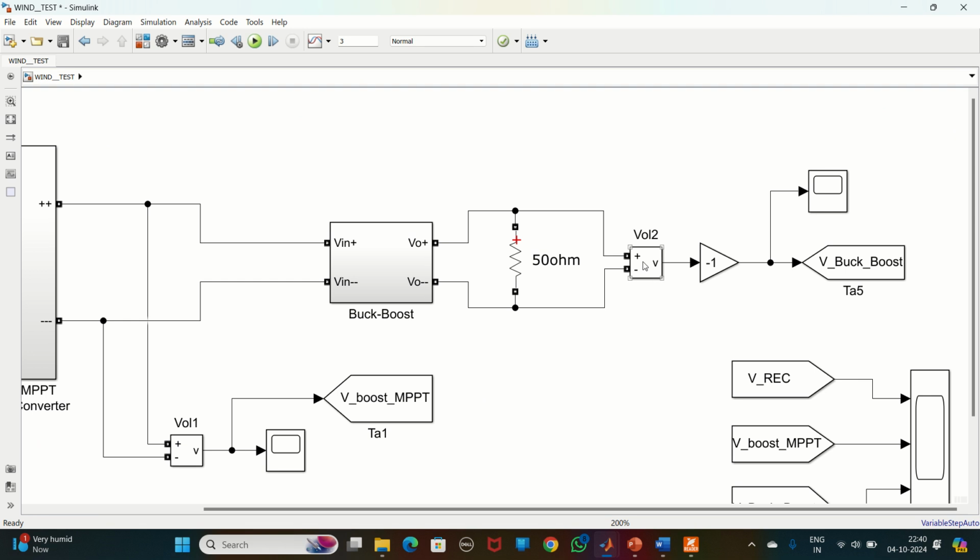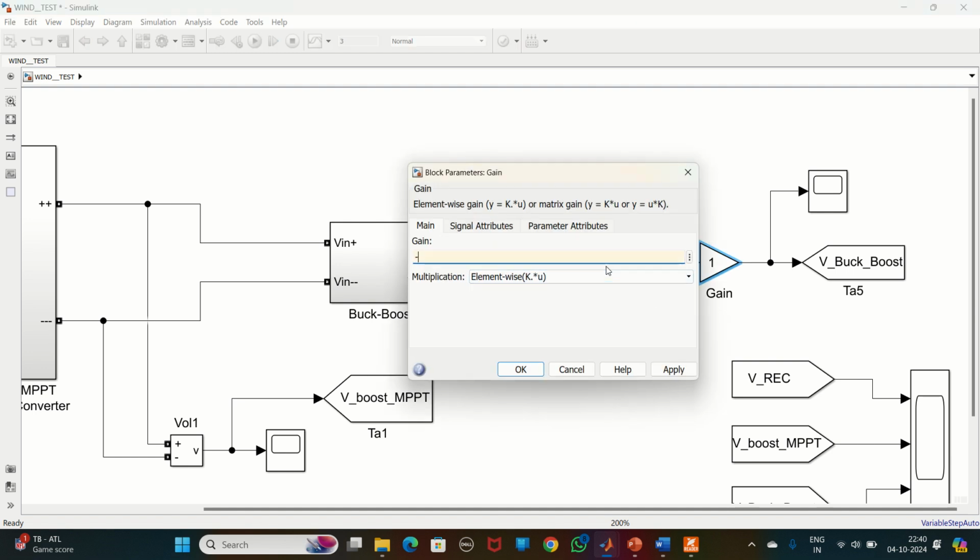Since I am measuring, I have kept plus here and minus here. Otherwise you can keep plus and minus the other way, and then you need not give -1. Either you can do it like this, or if you measure like this, then you have to maintain -1. Clear?